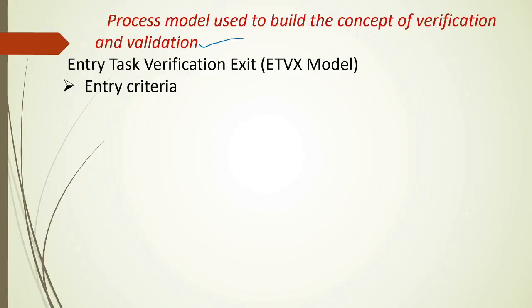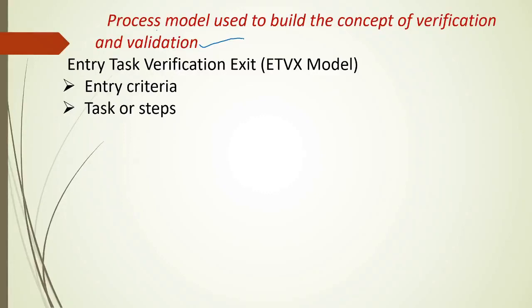Entry criteria. This entry criteria specifies when that phase can be started and what inputs you need to start that particular phase. And then task or steps. After entering that particular phase, what are you going to perform, what tasks are you going to do, what steps are you going to carry out in that phase.